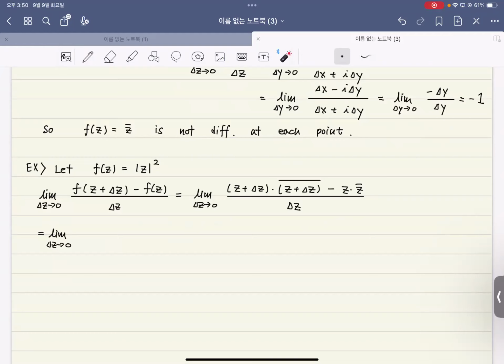But this complex conjugate can be broken down into these two.